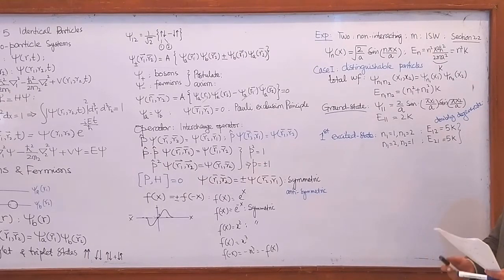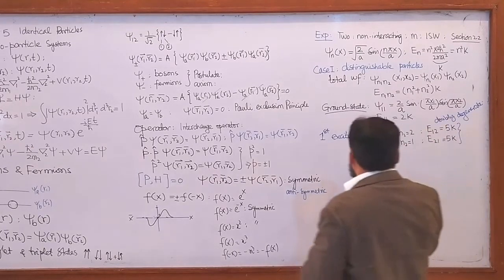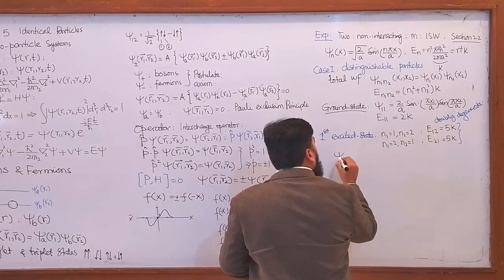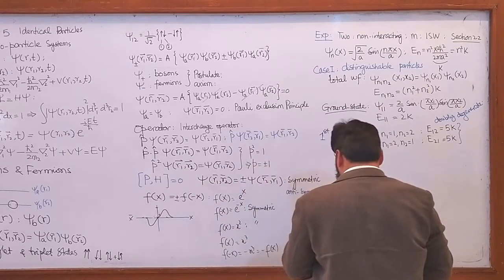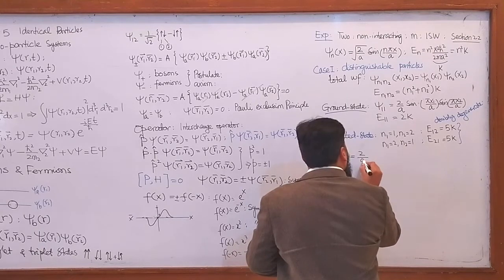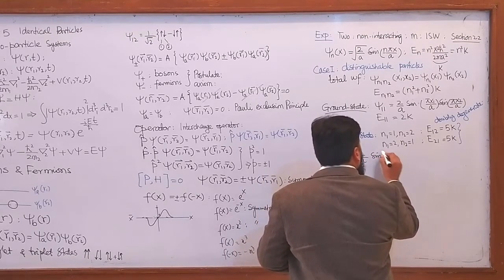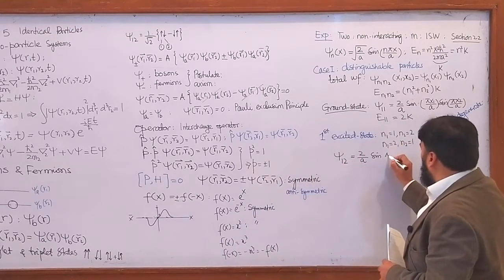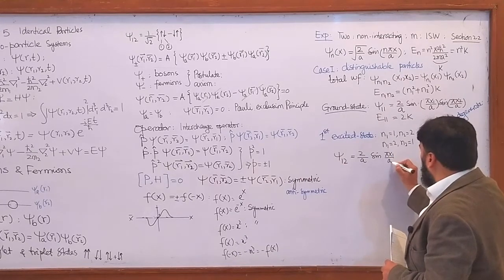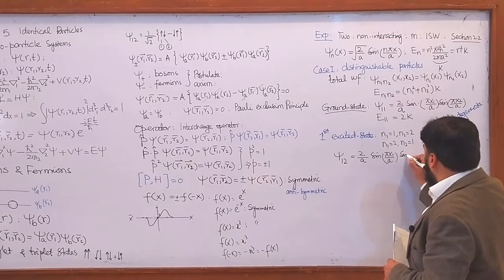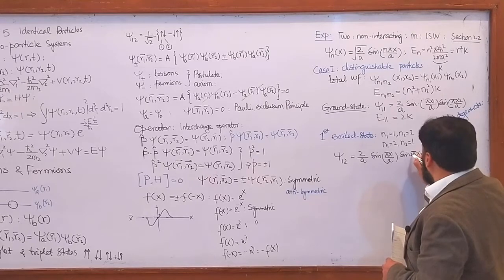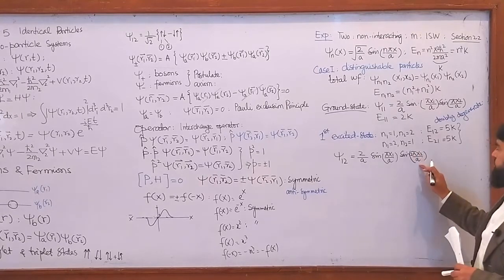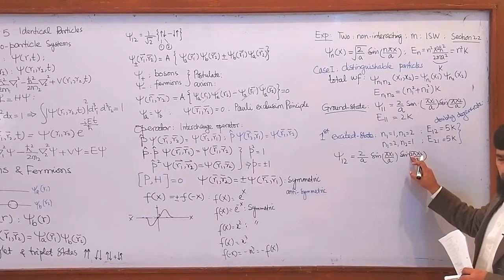And what about the wave functions? The wave functions will be psi 1,2. So it will be equal to 2 over a, sine pi x1 over a, and sine, sorry, this will become 2 pi x2, because n2 is 2 here.